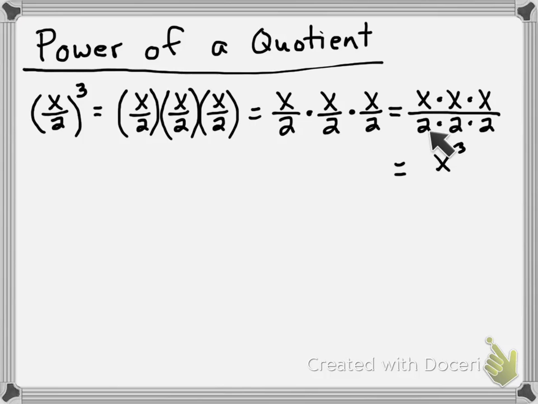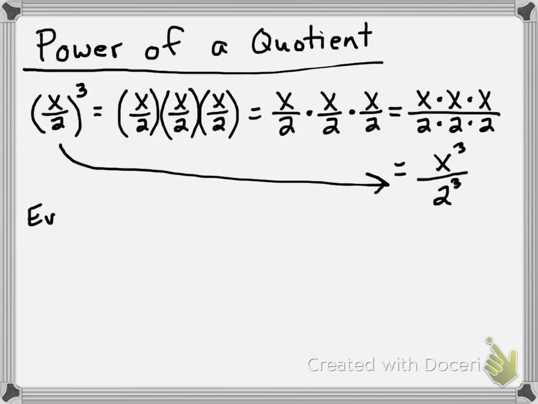And I know that 2 times 2 times 2 is 2 to the third power. So I can see that (x over 2) to the third power is just x to the third power over 2 to the third power.